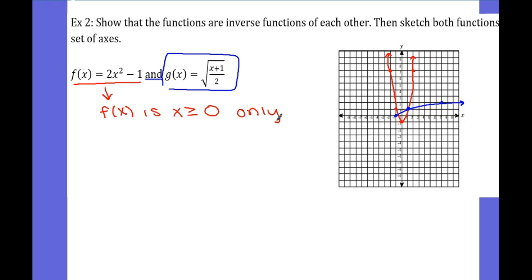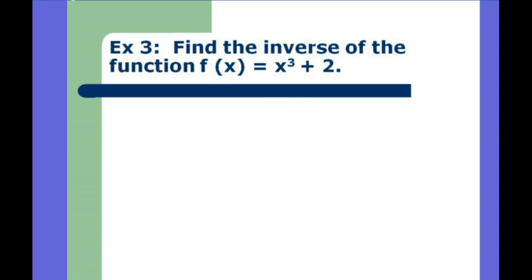Still okay? Good. That's the algebra of inverses. Let's look at the calculus aspect of inverses. Okay. Find the inverse of f of x equals x cubed plus 2. Is x cubed one-to-one? Does the plus 2 change anything about that?